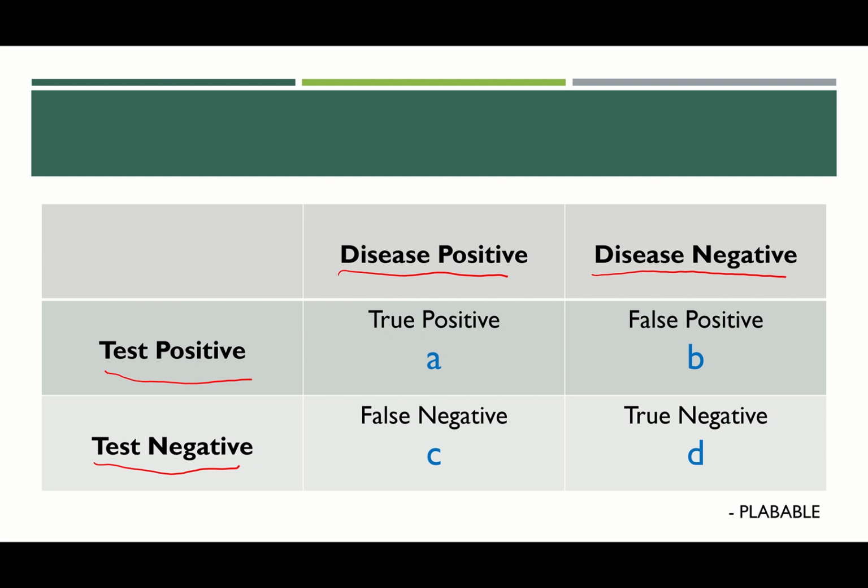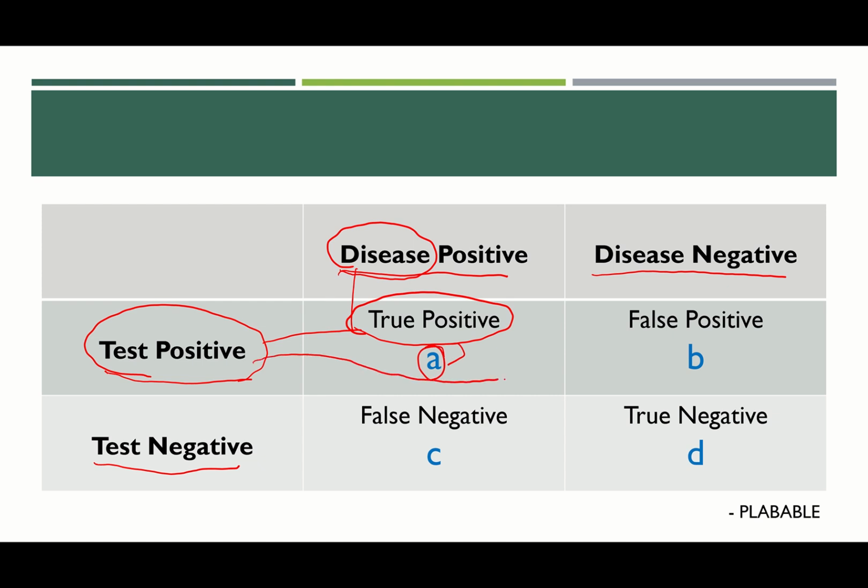Now those who have a test positive and also have the disease for real belong to the true positive group, which is indicated by A. And those who have a positive test but actually do not have the disease are falsely positive. They are not sick, but their test result shows that they are positive. So they are falsely positive, which is indicated by B.